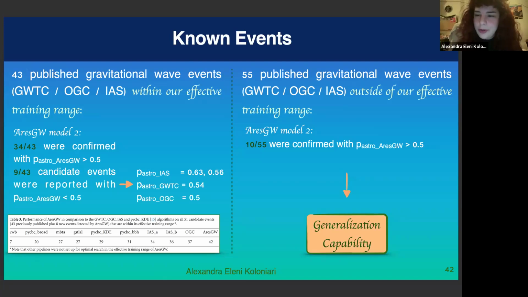Additionally, there were also 55 published gravitational wave events outside of our effective training range, and ResGW detected 10 of them. And that actually shows that it has a very good generalization capability.